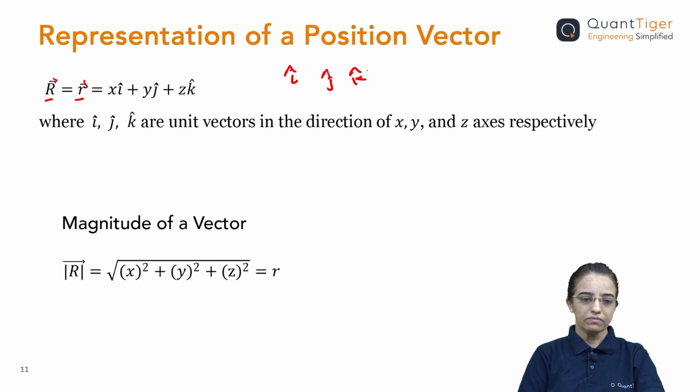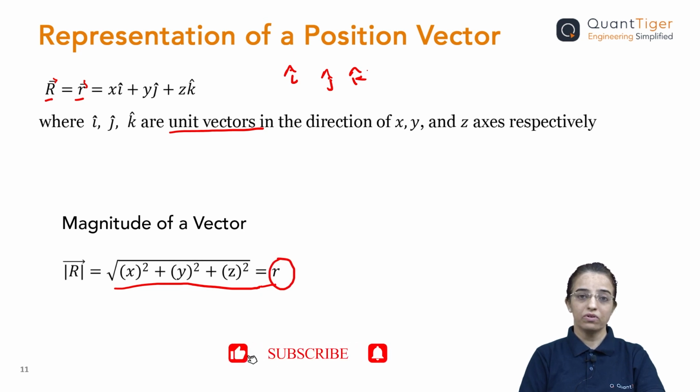Here, i cap, j cap and k cap are unit vectors in the direction of the x, y and z axes respectively. Now, if you want to find its magnitude, the formula is the square root of x square plus y square plus z square. That is small r. Since it is a magnitude, we don't put an arrow on top of it, because it doesn't need any direction.